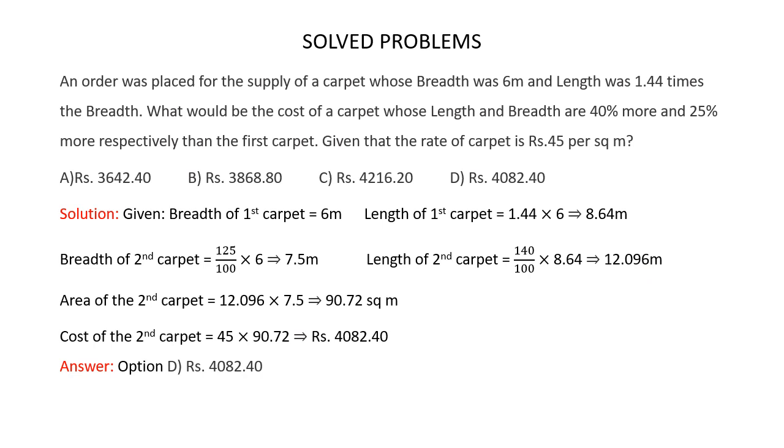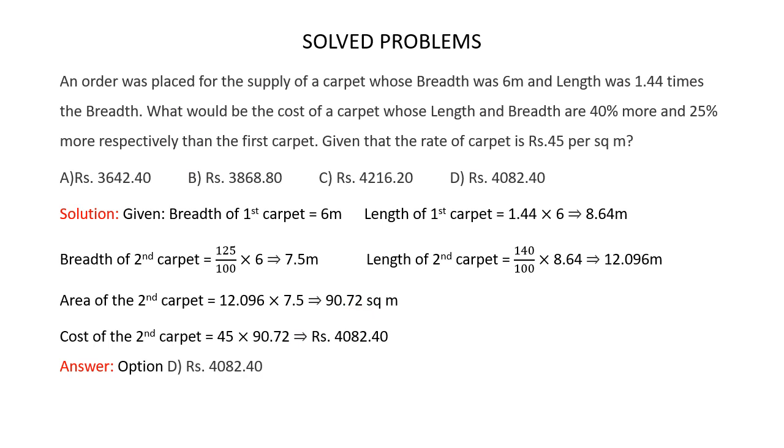Now area of the second carpet would be equal to length of the second carpet multiplied by breadth of the second carpet, which is 12.096 multiplied by 7.5, which is nothing but 90.72 square meters. So area of the second carpet is 90.72 square meters.